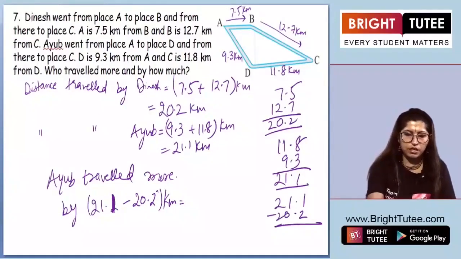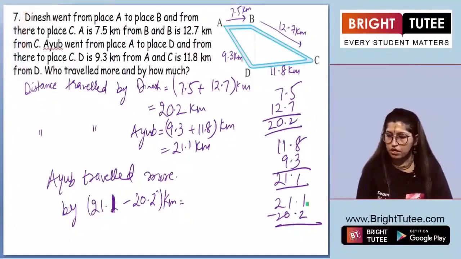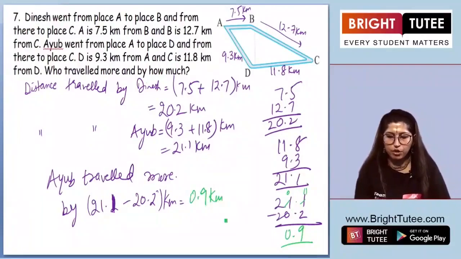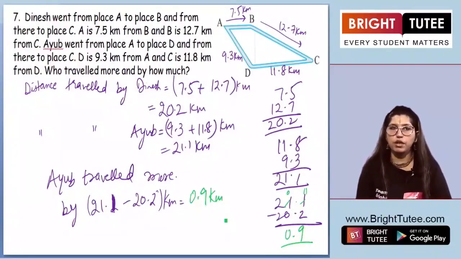We'll be subtracting it. Let me change the color. 1 cannot be subtracted by 2, so that will be 11, which will be 9. This will be 0. So we'll be getting only 0.9. That means by 0.9 kilometer, Ayub travelled more.